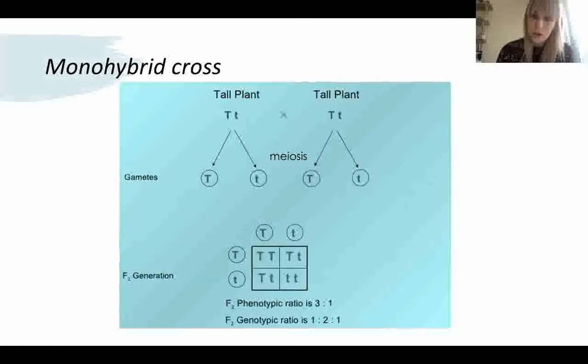Remember, the law of dominance states that if the dominant allele is present, that trait is visible. So in other words, the phenotype, the physical appearance, is going to be tall plant 3, dwarf plant 1. So 3 to 1. And that's basically how a monohybrid cross works. Always, it never changes.